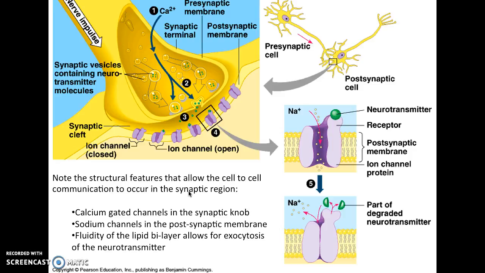During part 2, the calcium then ushers the vesicles carrying the neurotransmitters to fuse to the end of the axon terminal. And basically they fuse and they're released into the synapse.